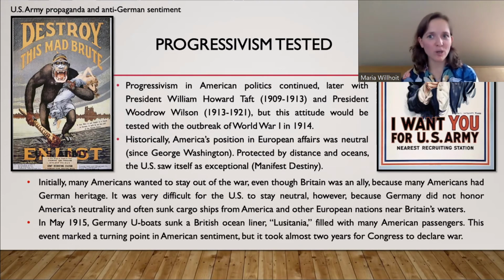But there are a lot of German Americans. And actually, I learned recently that the largest group that Americans claim their heritage from is Germany. I think we tend to think England, but actually it's Germany, excuse me.